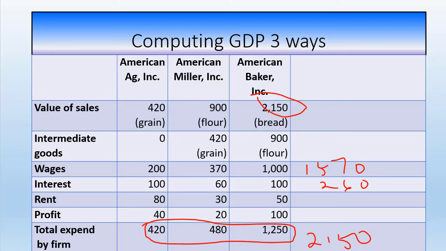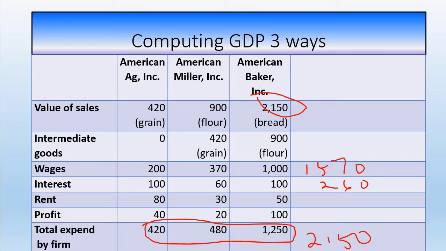So in this relatively simple example, you can see there's 3 different ways to tie out or get GDP to agree with each other. GDP is the final value of goods and services, $2,150, which is the value added by all the firms across these columns, and then it's the sum of income that people have earned.